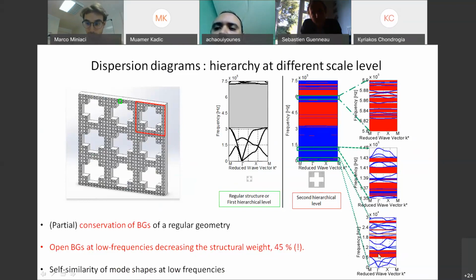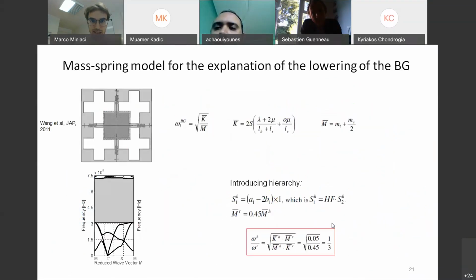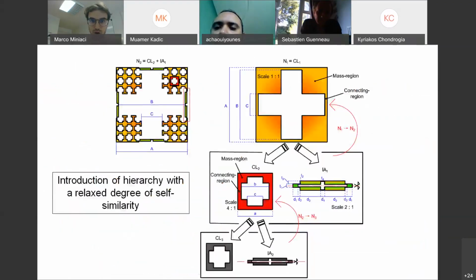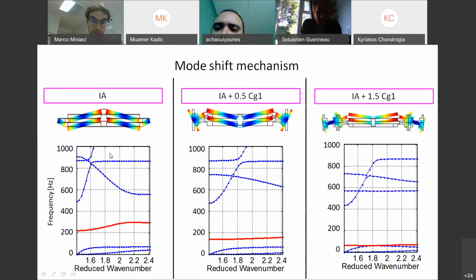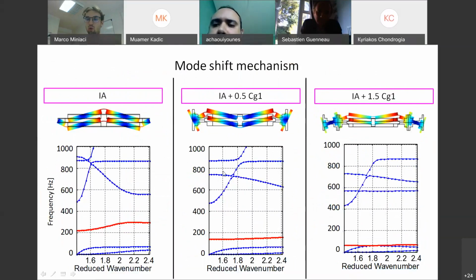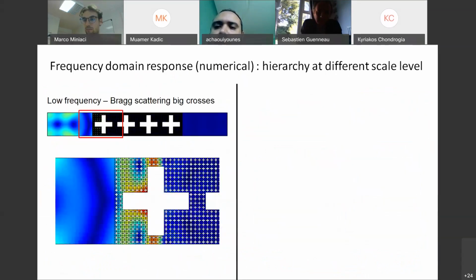This mode, maybe, could be a process very similar to what happened in the other structure where the inertial amplification was. So basically, due to the more compliance of the structure, there is a mode that before was at higher frequencies that somehow has been shifted towards lower. But for sure, the best approach is to directly go and look how this mode shape looks like.